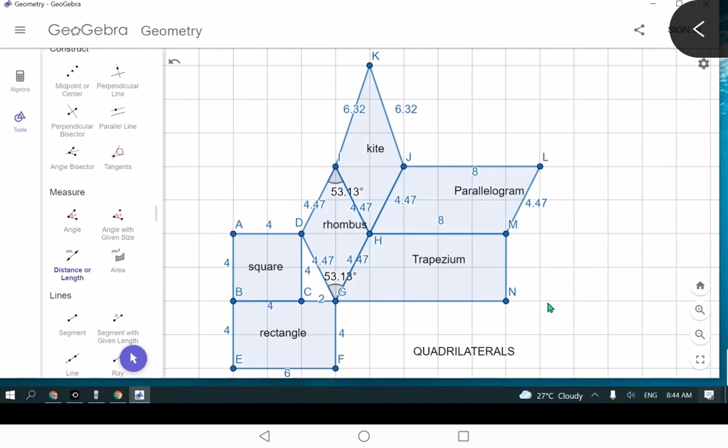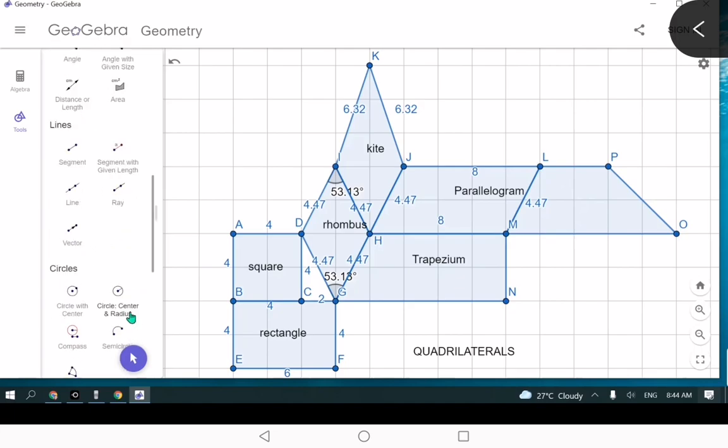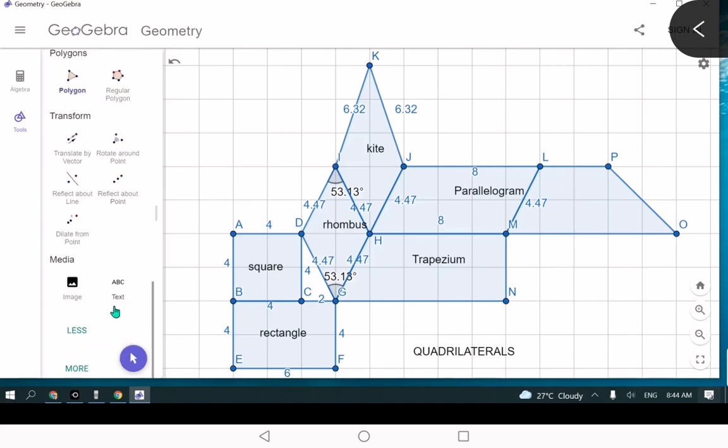I give you one example. Maybe this one we also consider a trapezium. This one also a trapezium. This one is also a trapezium. Okay, trapezium.